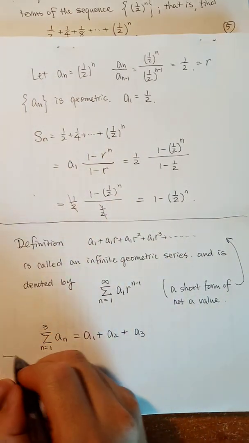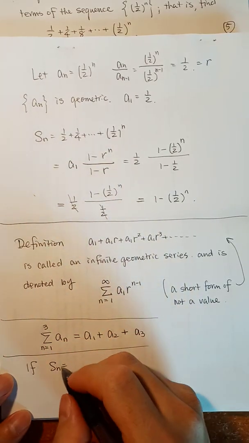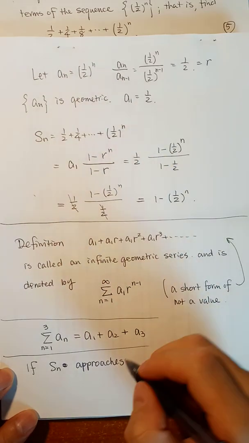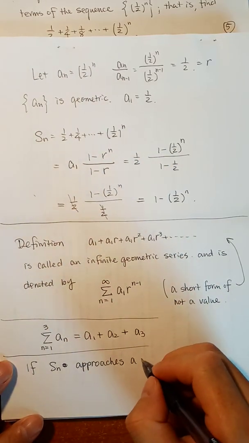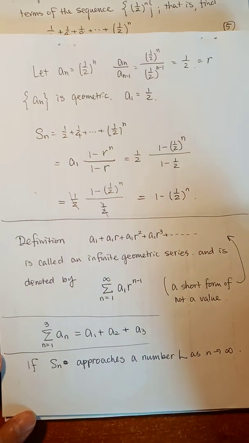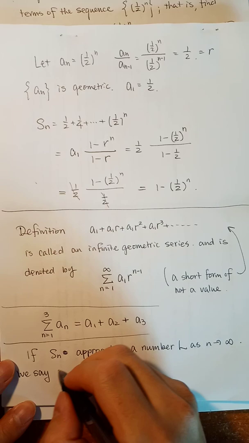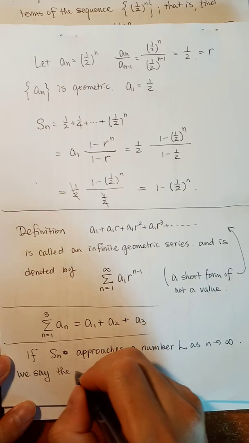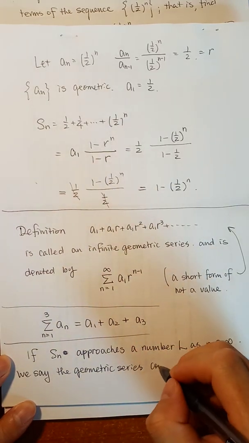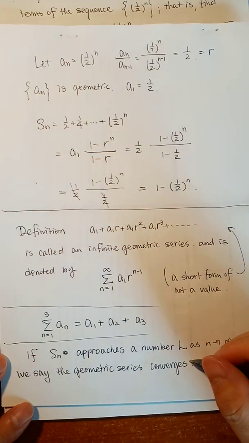If Sn approaches a number L as n approaches infinity, we say the geometric series converges to L. Actually, it's the same thing.